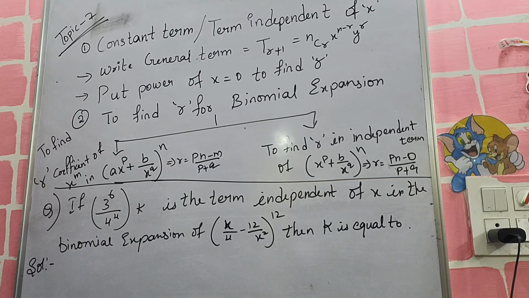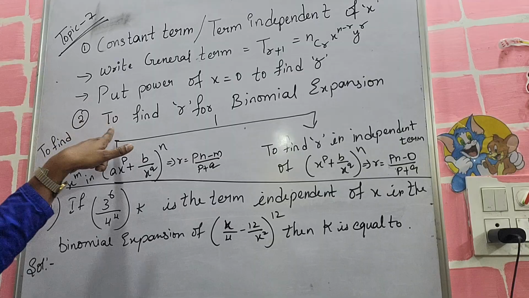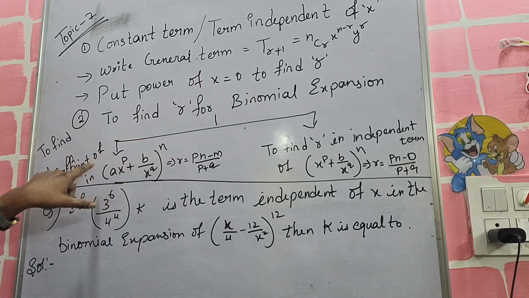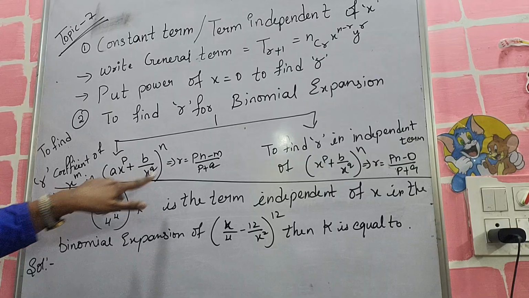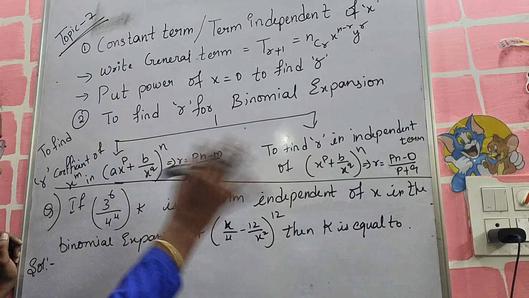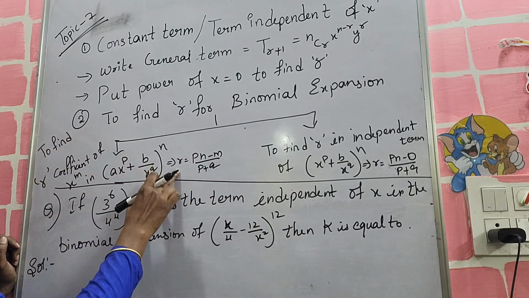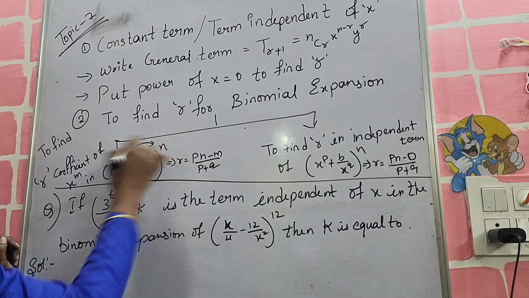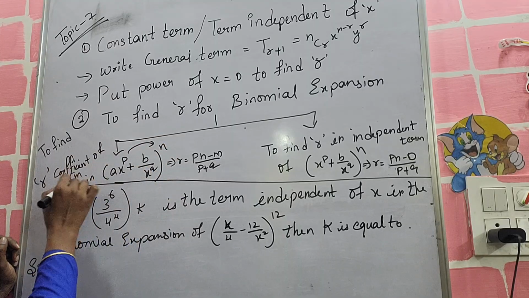This is one way. Suppose we want to find the r value in a binomial expression. If they gave an expression like this and ask for the r value, we already discussed this in a general example. Here the r value is p into (n minus m) by (p plus q), where they were asking for x power of m.